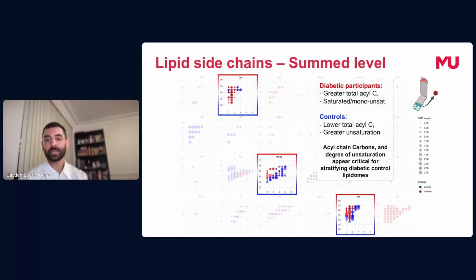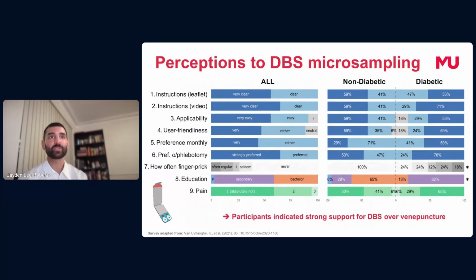Lastly, as part of this slide, and something that was really cool to see as part of this research, was that we employed a survey on perceptions of microsampling specific for self-sampling with the capillary device using a pre-validated survey that employs Likert scales to assess clarity of instructions, ease of collection, and preference over traditional phlebotomy.